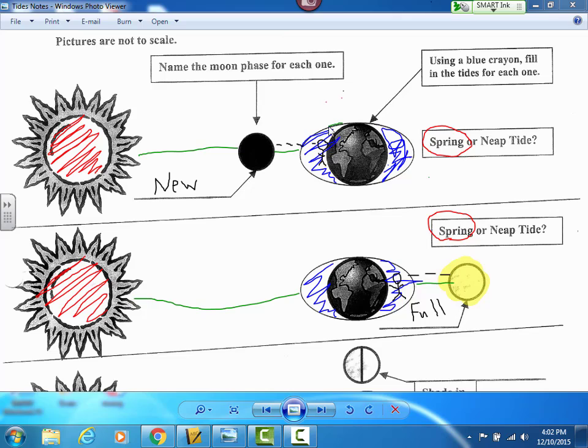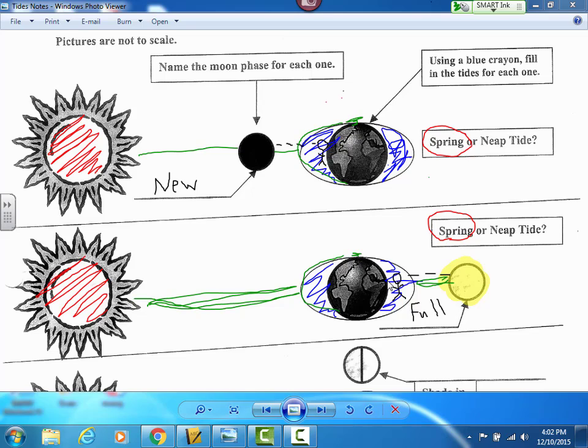And so that causes the tides to be really high in one spot and really low in another spot. Same thing with this picture. The moon and the sun's gravity works together. They pull kind of almost in the same direction or along the same line. And so that causes really high tides in some spots and really low tides in other spots.